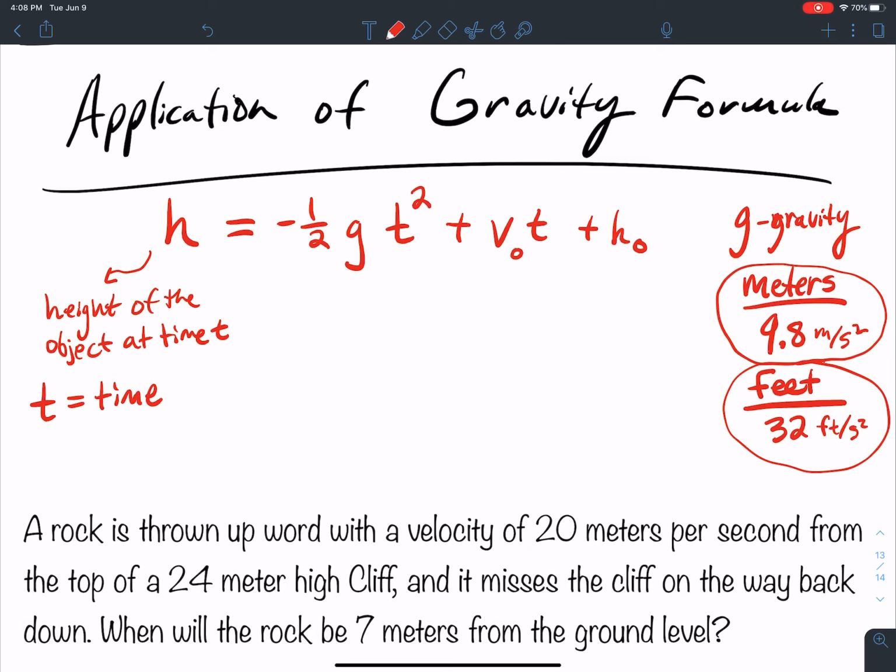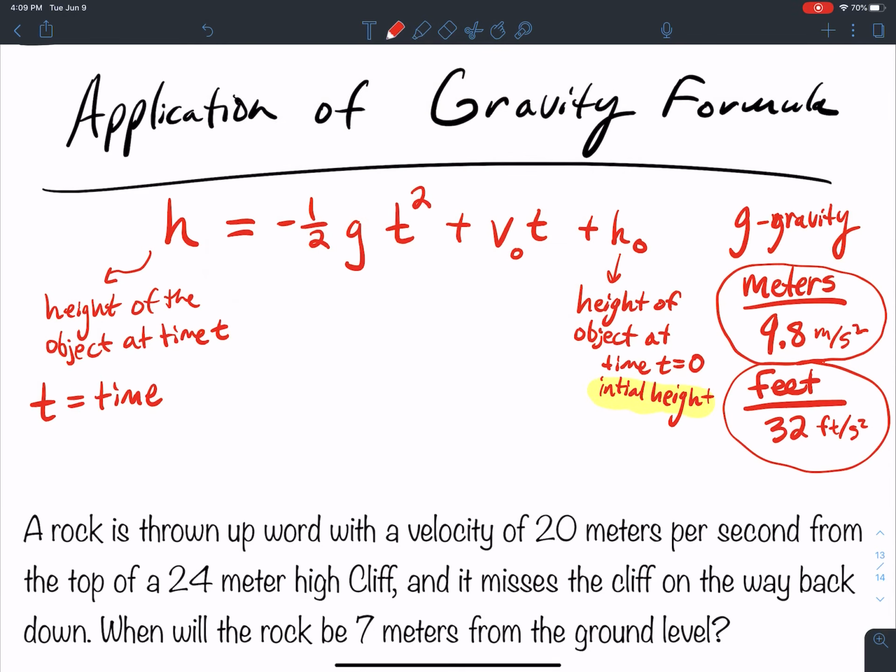Okay. So the initial height h, this is the height of the object at time 0. T equal to 0. This is the initial height. That's what that represents. It's the initial height.